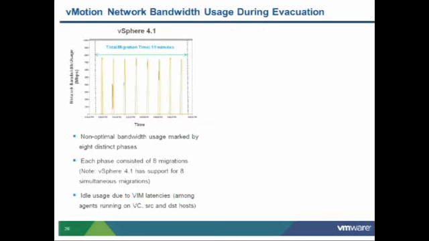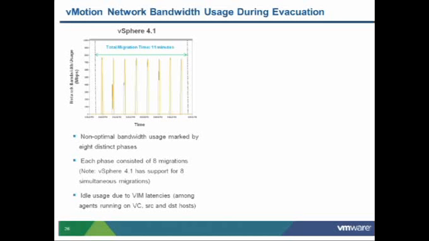Here, I'm looking at the network utilization during the migration scenario. So we support up to 8 concurrent vMotions at a given time. We had about 64 total migrations that were needed, right? So that basically turned into 8 different phases. And in each of these 8 phases, we had 8 vMotions going on.